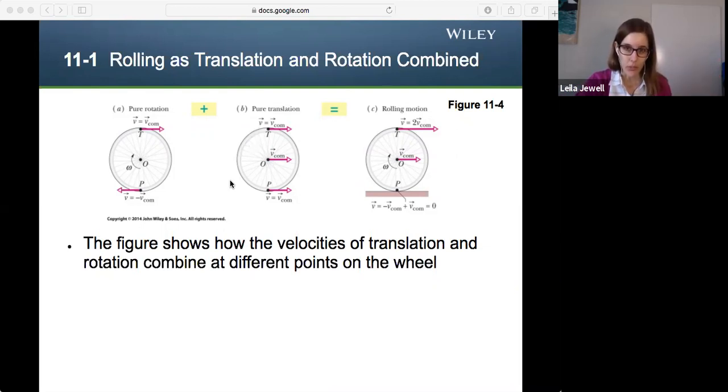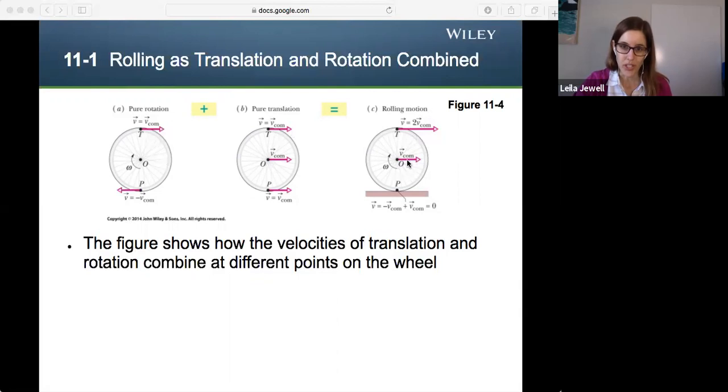Now with rolling motion, it's a combination of the two, so we have to add them together at each point. If we add them together at the midpoint at O, we have 0 plus v_com. We just get the center of mass velocity at the middle, which matches our previous slide. At the top, we have two velocities in the same direction, so the top of the wheel is actually going twice as fast as the middle of the wheel.